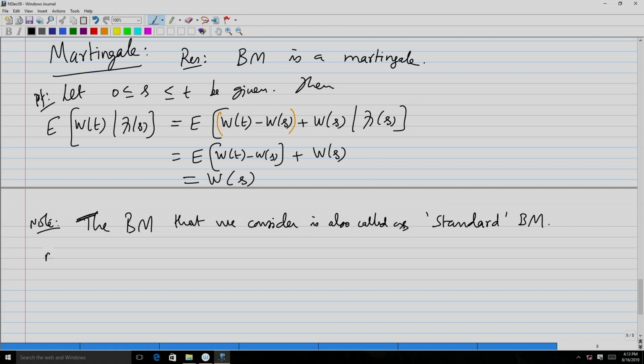The other thing is notation wise, again we will use this for this lecture alone. Wt will be denoted by W, I use subscript t for ease.